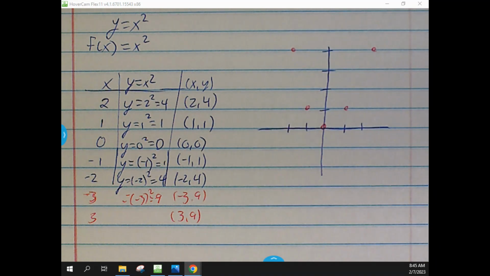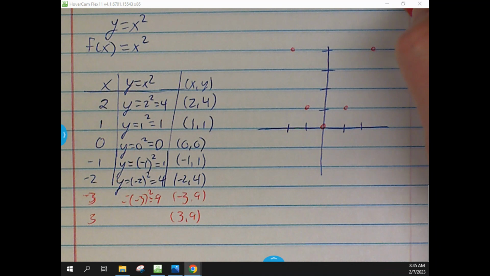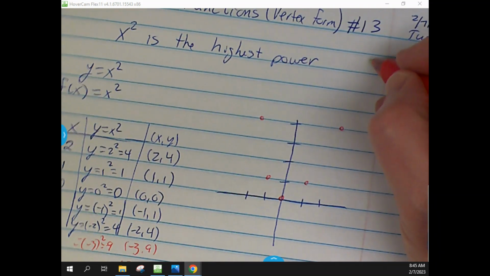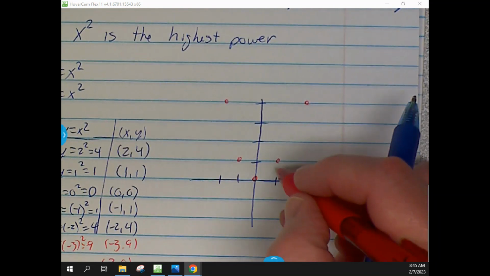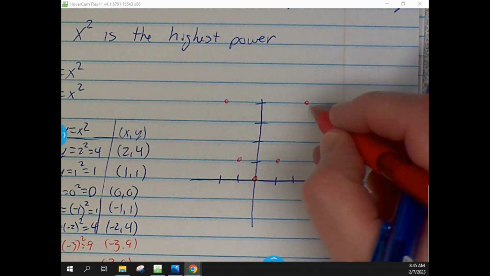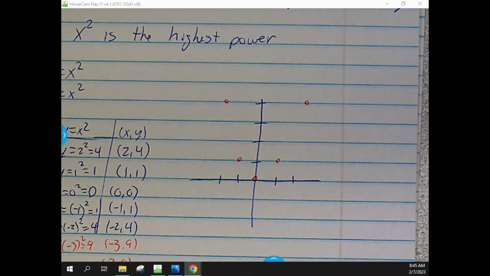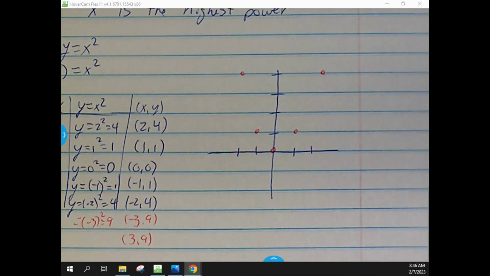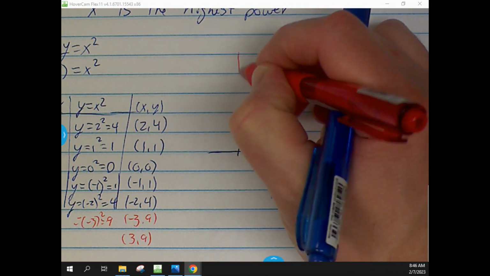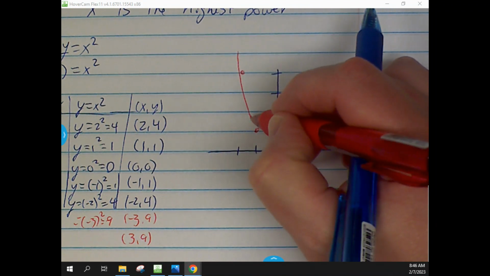And again, we're not going to worry about doing these because we know that eventually 3, 9 is going to be up here. We're just going to keep squaring the numbers. 1 times 1 is 1, 2 times 2 is 4, 3 times 3 is 9, 4 times 4 is 16, 25, 30. So the numbers are going to grow really fast. There's no way we're going to be able to get those on a graph. So we're just going to graph a few of these just so we make sure we got it here.